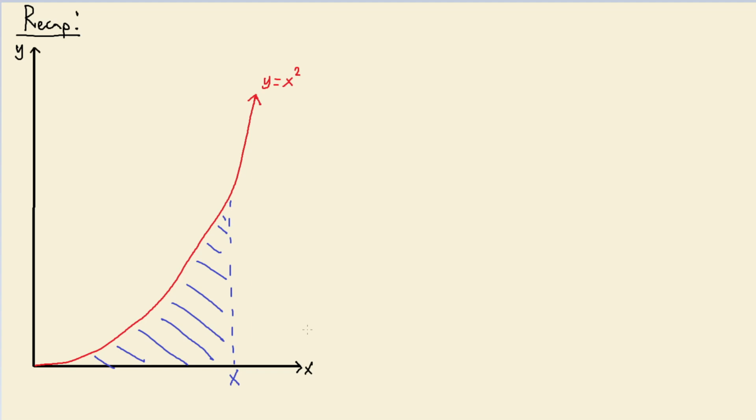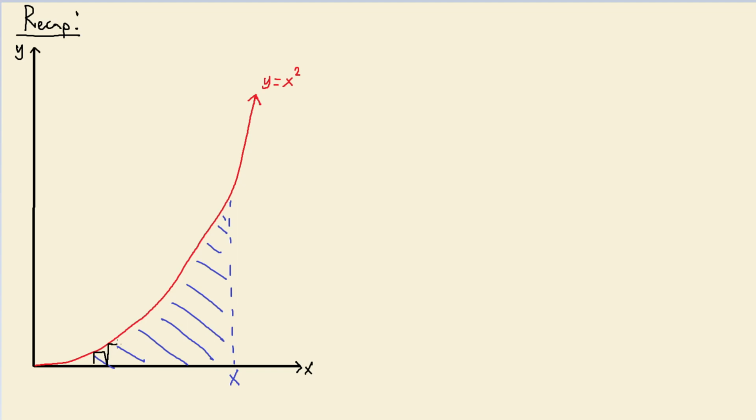And the way we went about this was we broke this area up into several different finite rectangles. We would break these up into a certain number of rectangles, and then the width of each rectangle would be formed by the length of the interval, which in this case, since we're going from 0 to x, would just be x divided by the number of rectangles that there were.